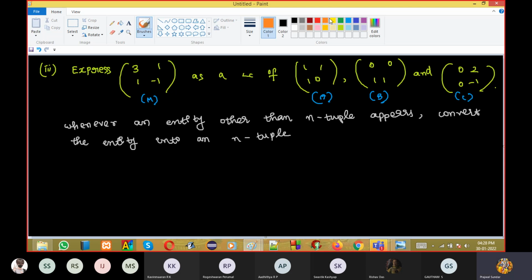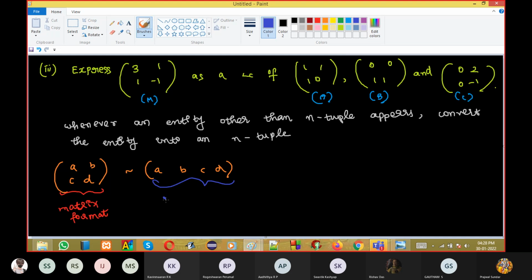Do this carefully. Suppose I'm having a, b, c, d, I can write this matrix in n-tuple format like this. Are you agreeing with me? This is matrix format, and this I can say is n-tuple format. Any doubt? Tell me, is this clear? Whatever you are having, convert it into an n-tuple. Question solved.